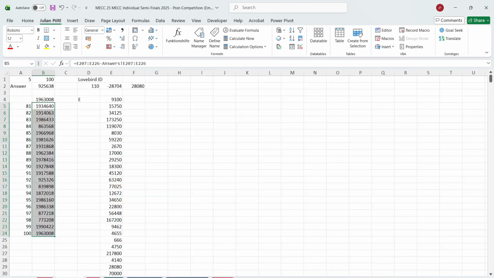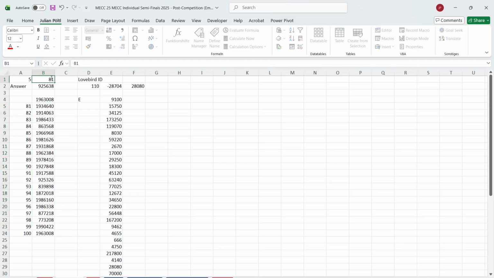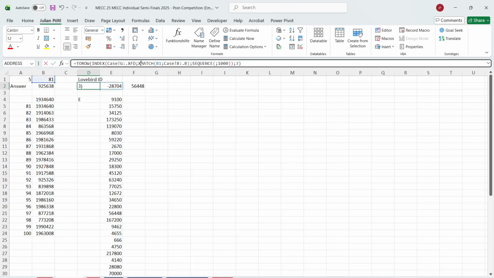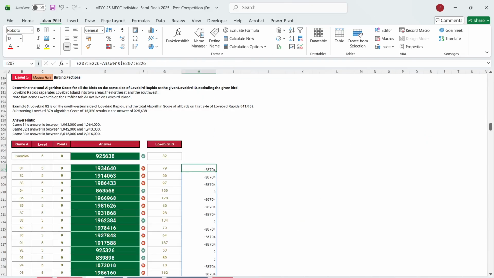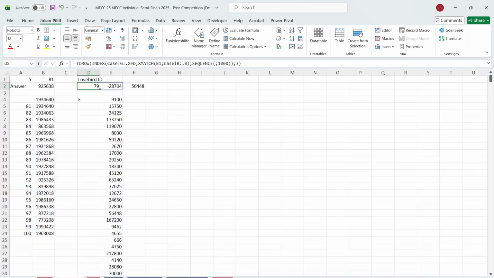So let's search here for 81. I thought there was a magic answer to this, but there isn't.